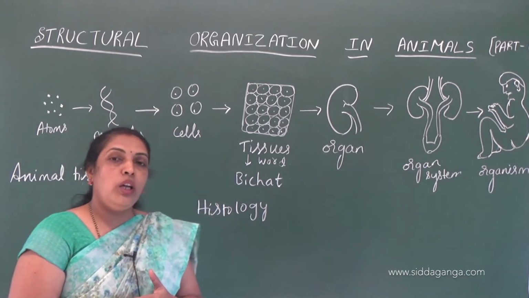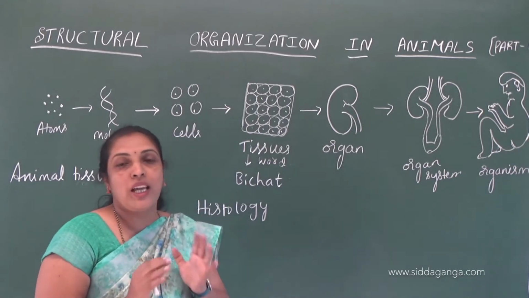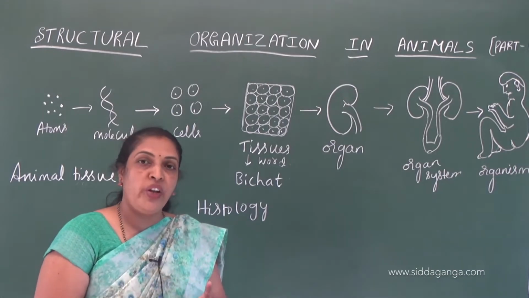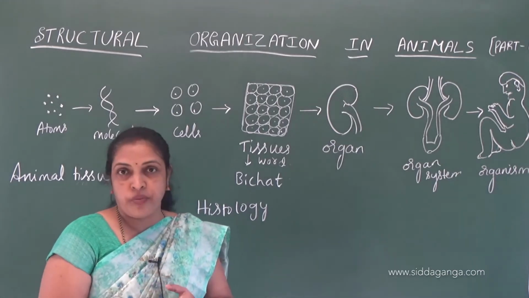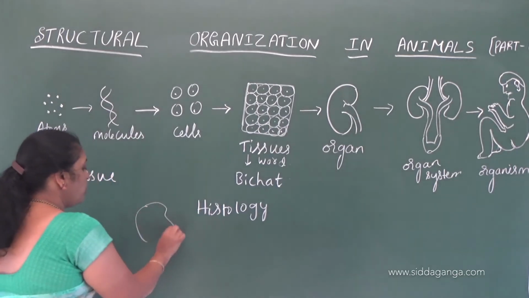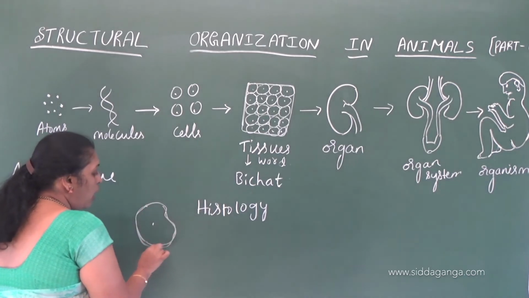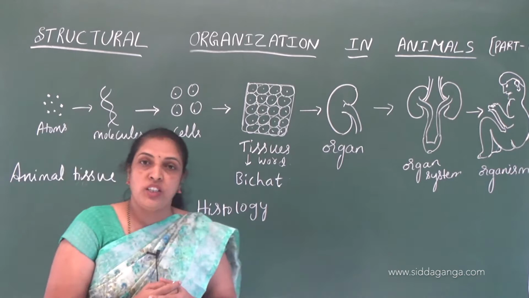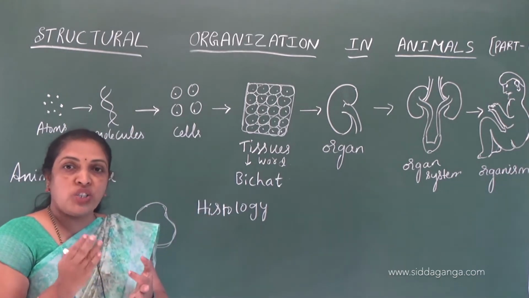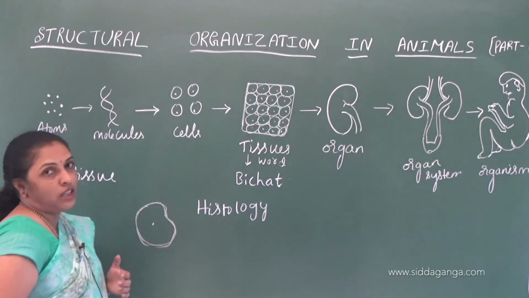Understood? In unicellular organisms, the single cell performs all the functions like digestion, respiration, excretion, etc. This unicellular cell performs all the necessary functions for survival; all functions are done by the single cell itself.